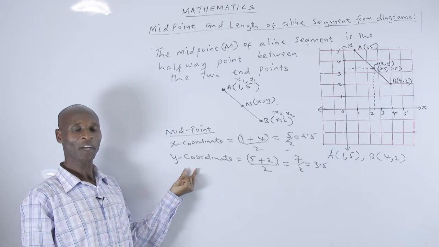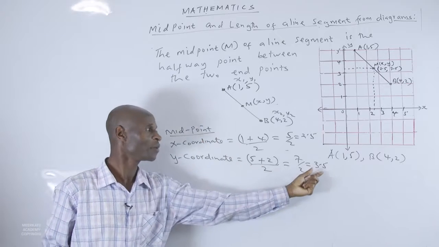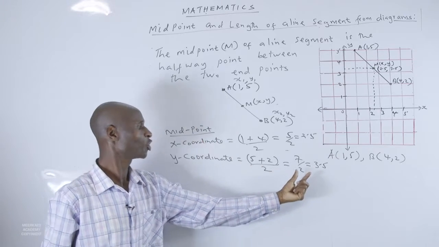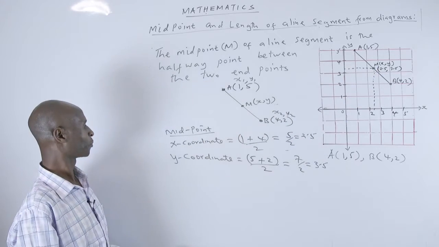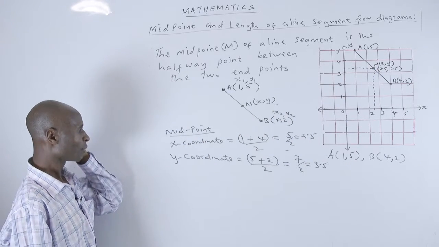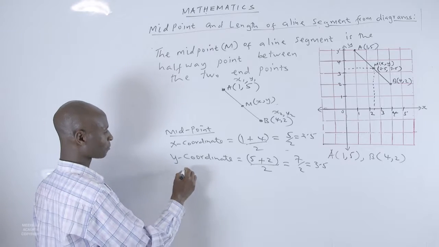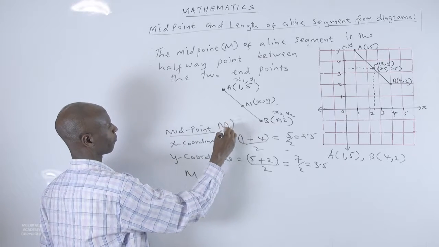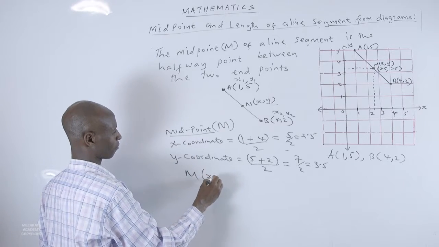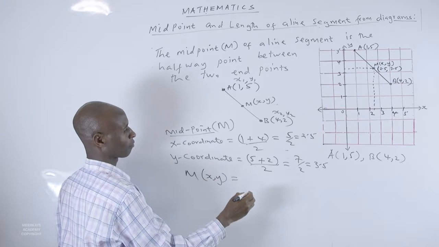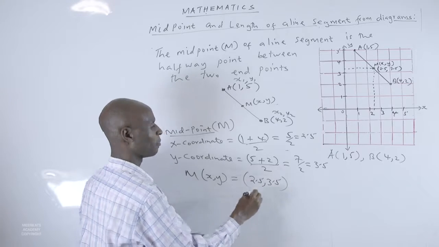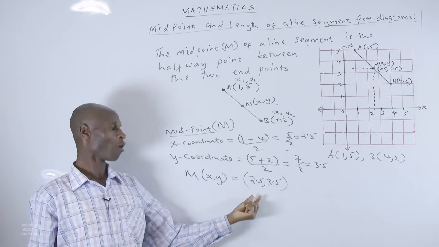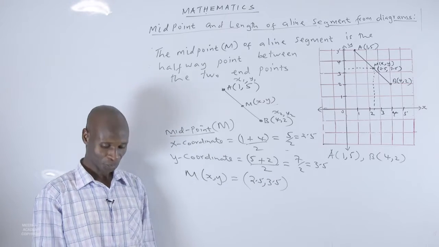That implies that the y-coordinate for our midpoint is 3.5, which coincides with the inspection method. So in general, we can say the midpoint will be 2.5, 3.5.